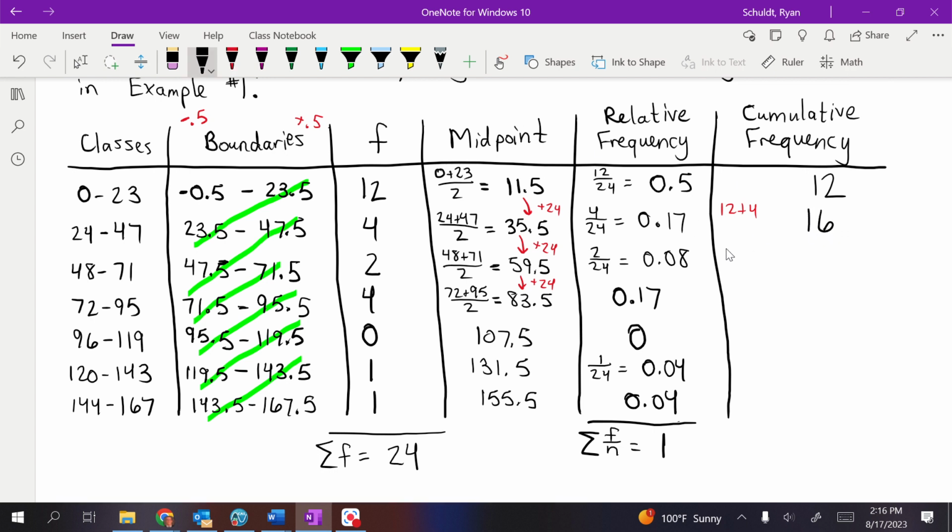And I gotta do 16 plus 2. 18 plus 4. 22 plus 0. Stay the same. 22 plus 1. And 23 plus 1.